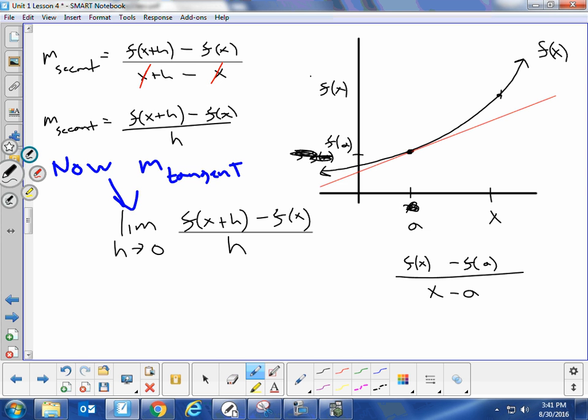What is happening as those 2 points get really, really close together? We would say that x would be getting really, really close to a.